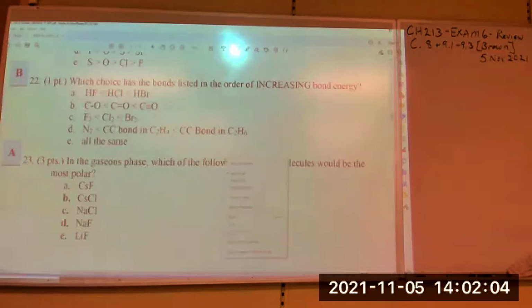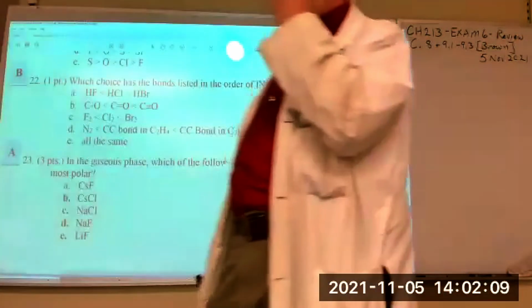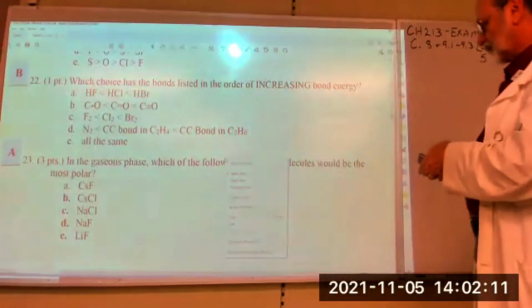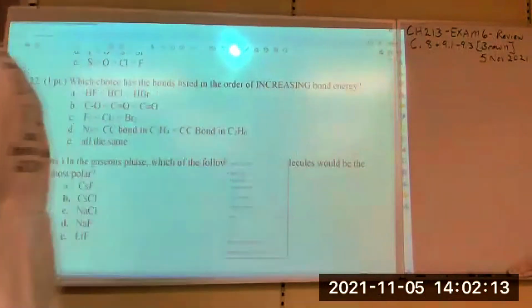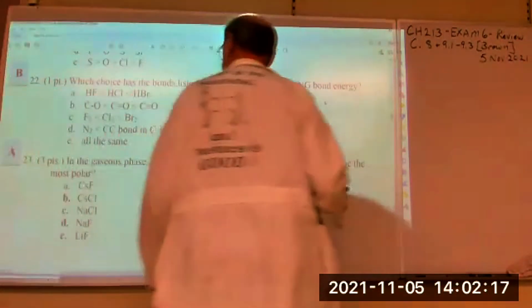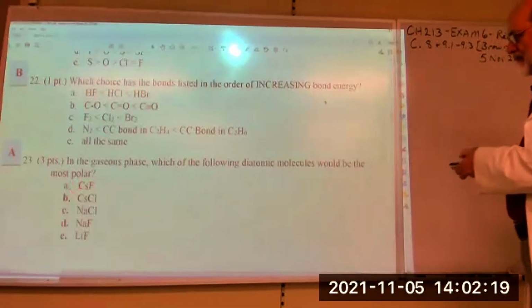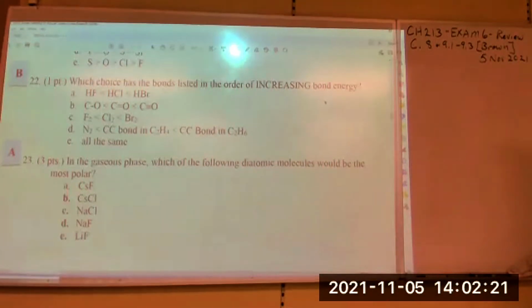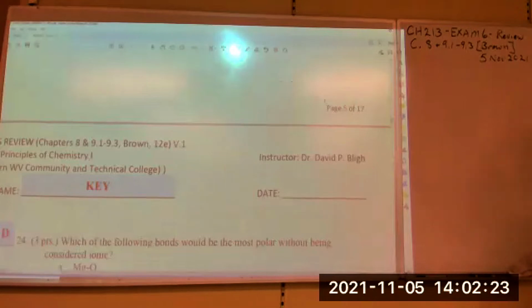They're the same. Cesium and francium are exactly 0.7. Okay, so we found our answer. Cesium fluoride is the most polar. In fact, it's probably ionic.